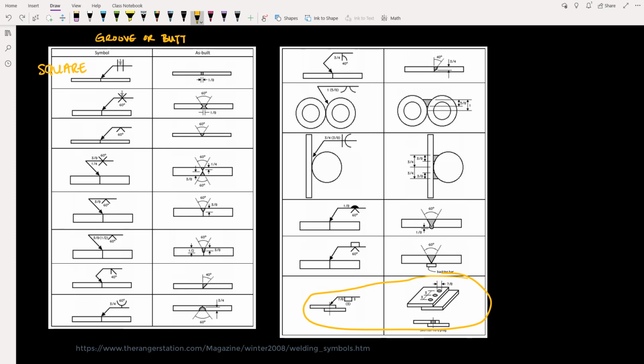The tricky part with this weld, of course, is that you have an open slot between these two elements for the weld to simply pass through. And we'll talk about how a welder would prevent their weld from simply dripping through these two elements in just a moment.